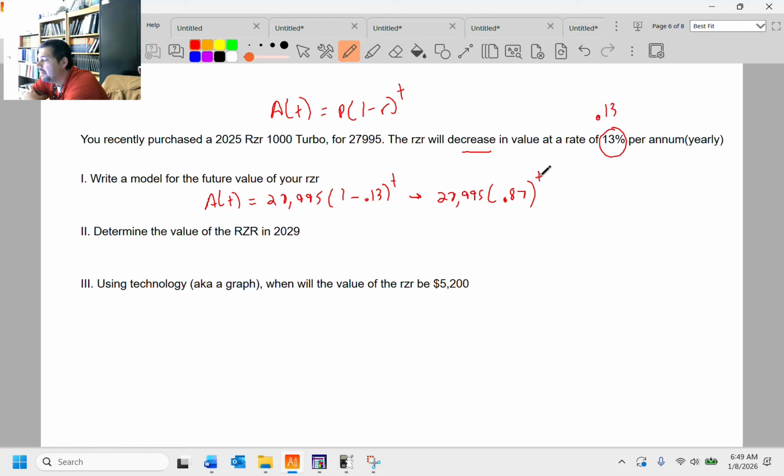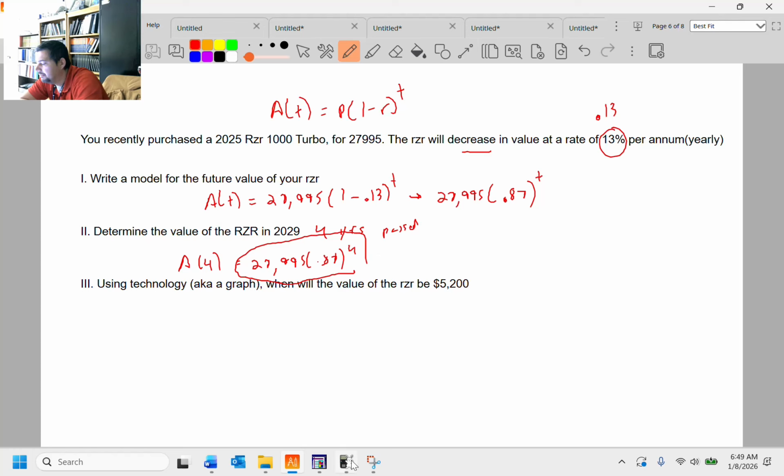All right, determine the value of the Razor in 2029. So you bought the thing in 2025. Now it's 2029. 4 years have passed. We're going to find the amount in 4. Notice I'm replacing t with 4 because she is a 4. And I just got to push buttons on this and see what this is.